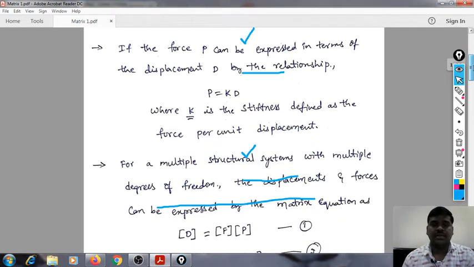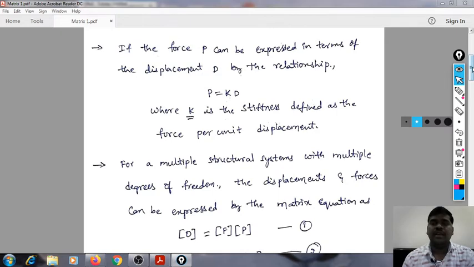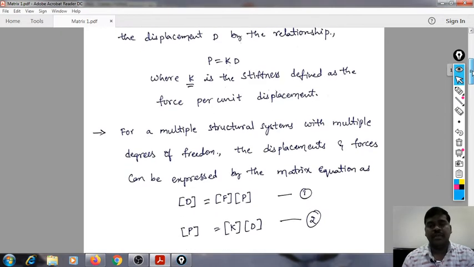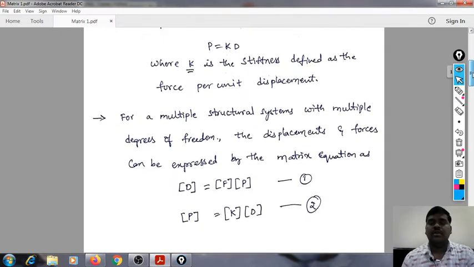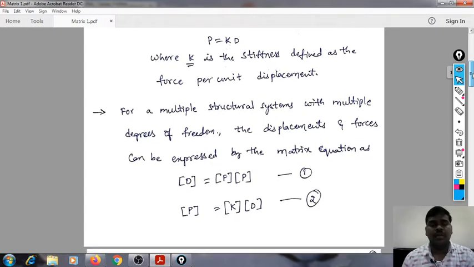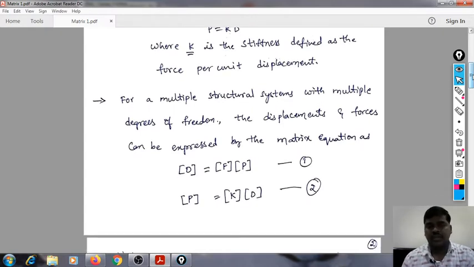Going to the next point. This is for a single degree of freedom, where only one load is applied and only one body is moving. For multiple structural systems with multiple degrees of freedom, the displacements and forces can be expressed in the same manner.